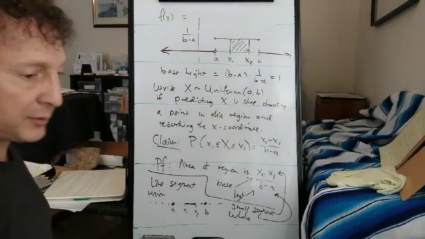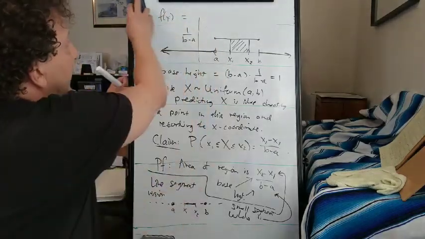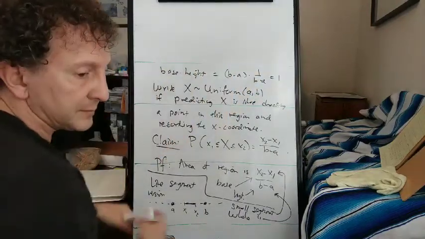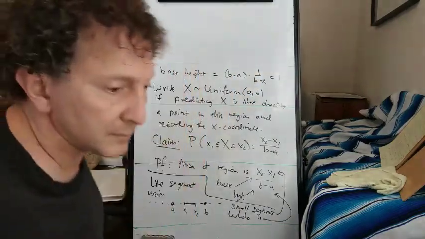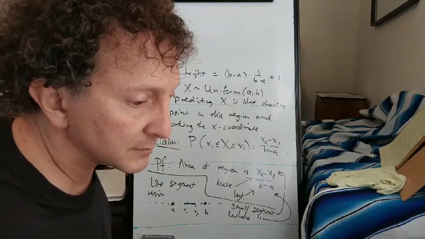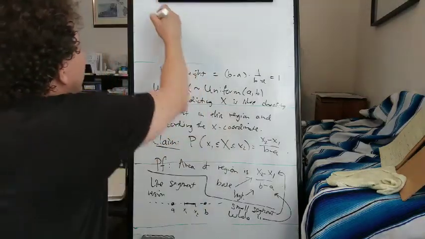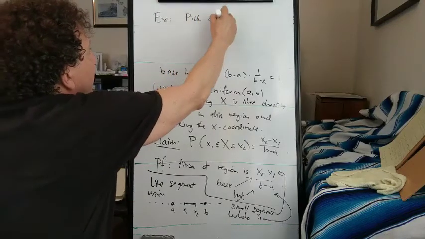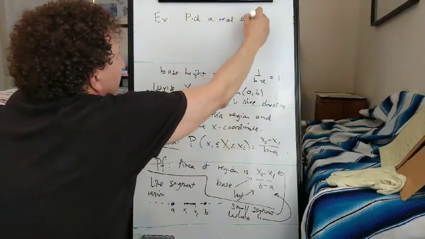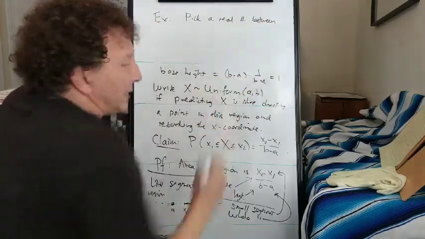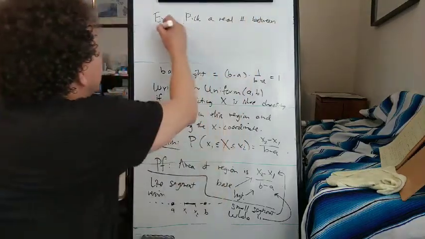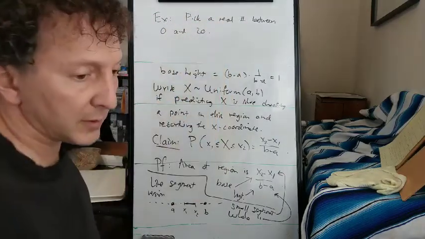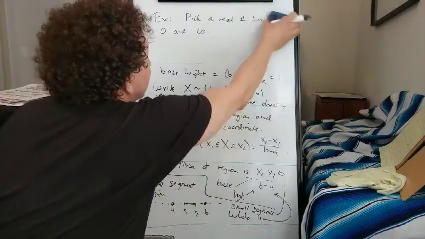So let's compute the expected value of x squared, and the variance. Oh, let's do an example first. So let's say we'll pick a real number between 0 and 20. Let's say that real number is x.